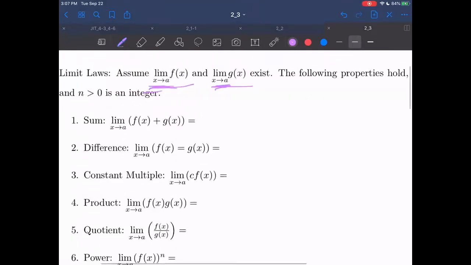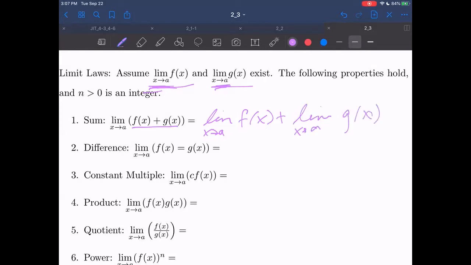So the limit of the sum of two functions is the same as the limit as x approaches a of the first function plus the limit as x approaches a of the second function. Okay, so if you've got the sum of two functions, they can be split, and all of these work backwards too.